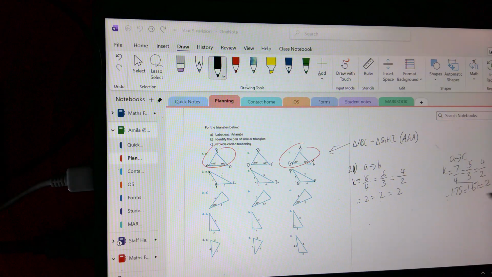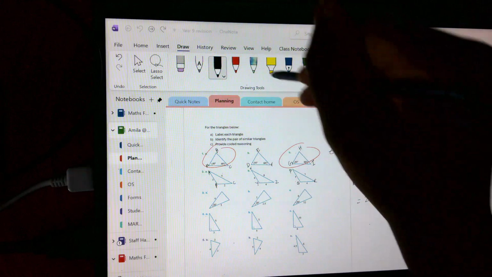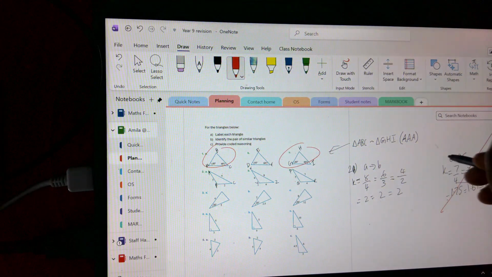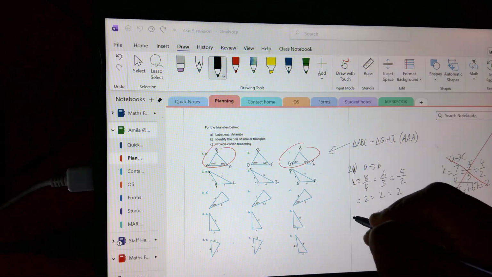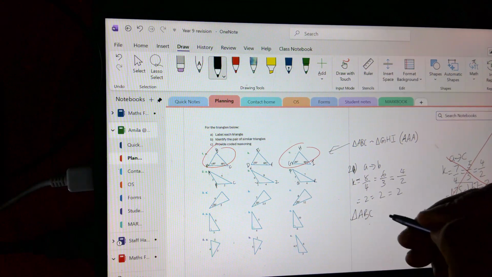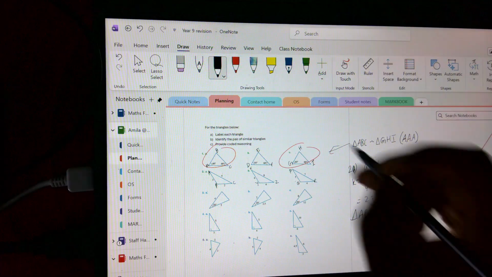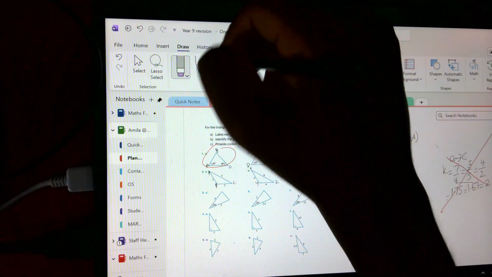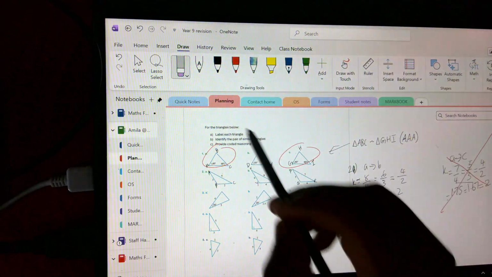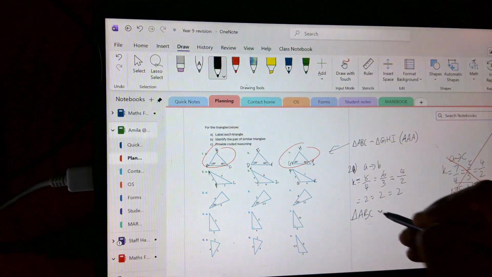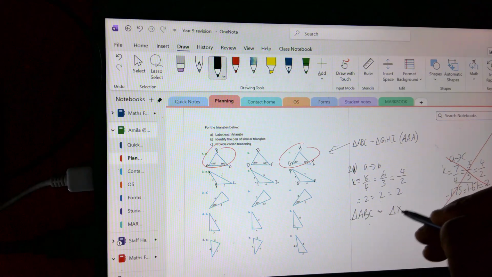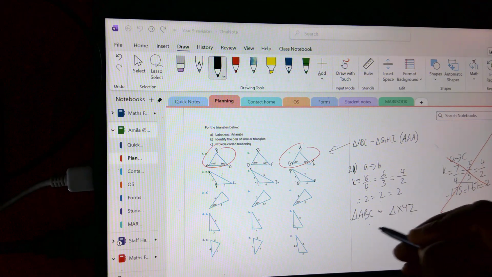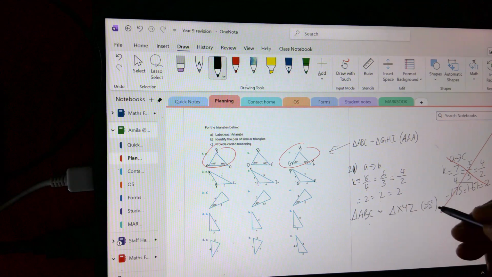And we can see that none of these K values are the same, so these two triangles can't be similar, which means triangle ABC is similar to triangle XYZ by side.